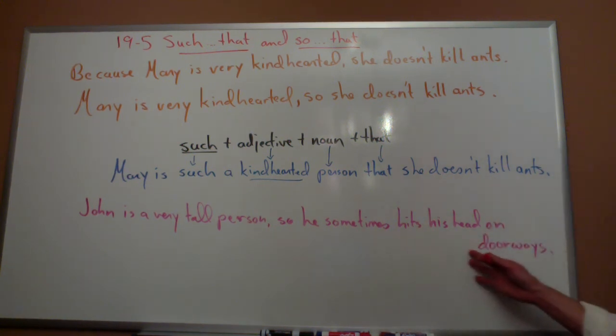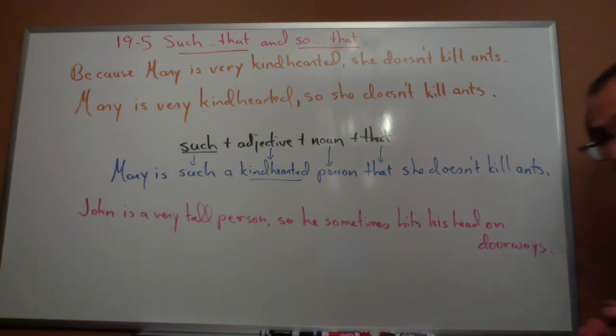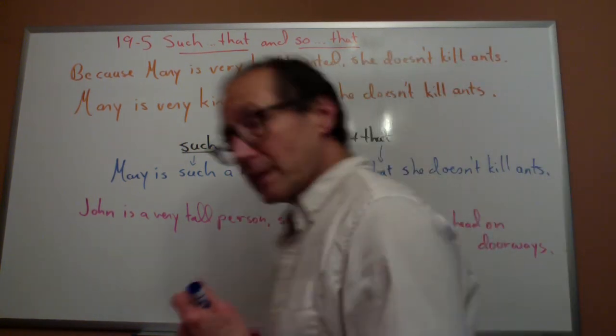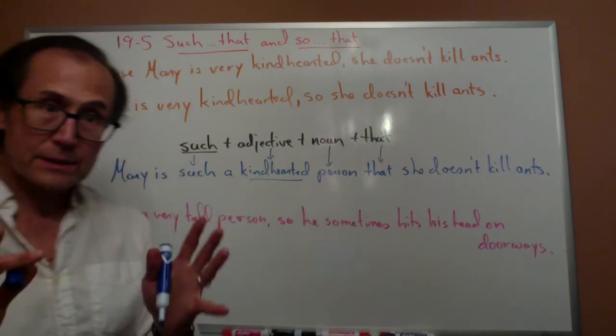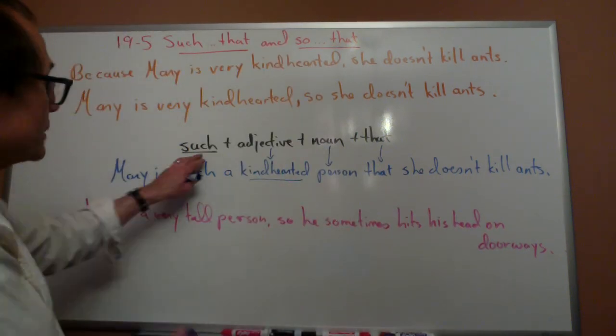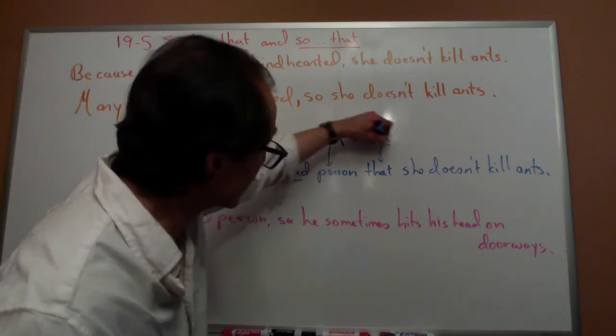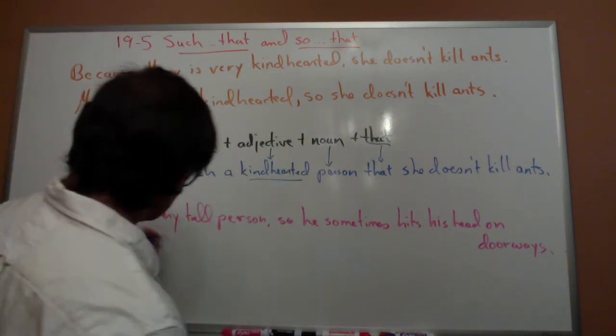John is a very tall person, so he sometimes hits his head on doorways. So let's think. How could I say a sentence that means the same thing using this pattern? Such plus adjective plus noun plus that. So let's write that here.